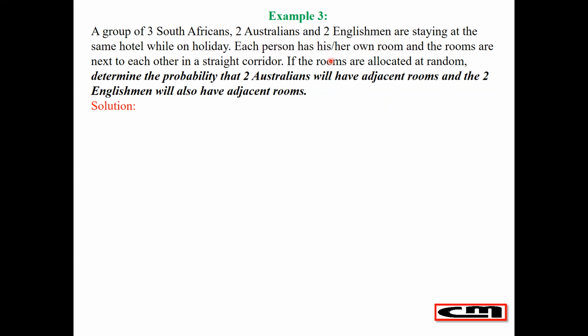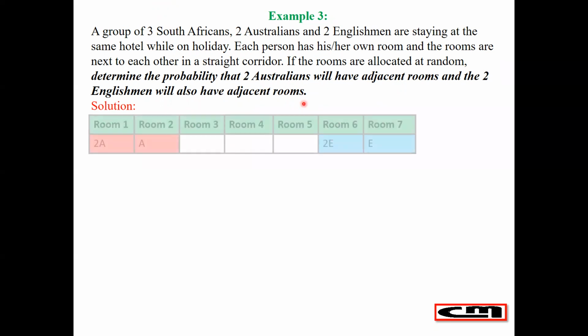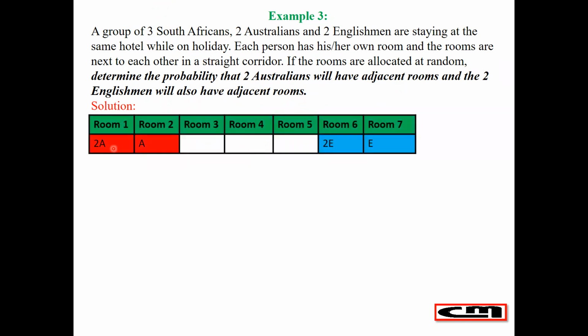But the fact that we want to find the probability that the 2 Australians are next to each other, the 2 Englishmen are next to each other, what does that mean? That means we are going to put the group of 7 into rooms, but we make sure that the 2 Australians are next to each other and the 2 Englishmen are next to each other. So this is the situation.